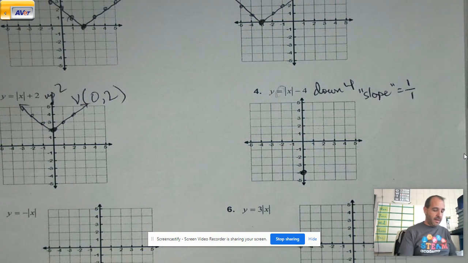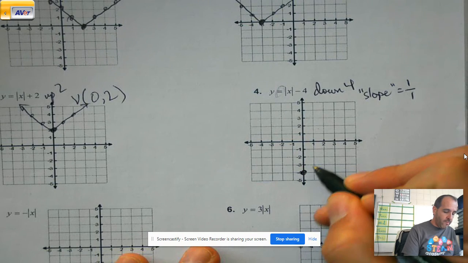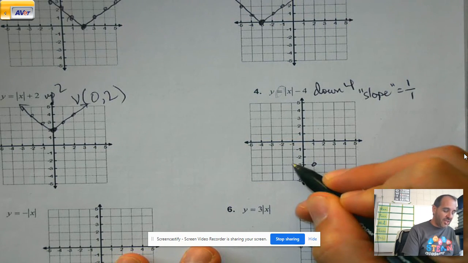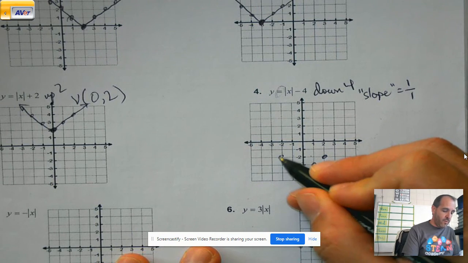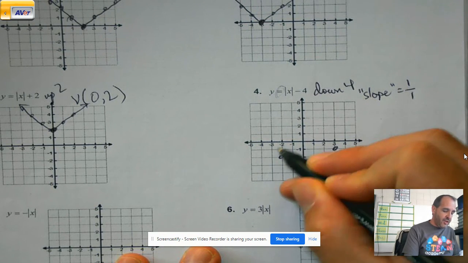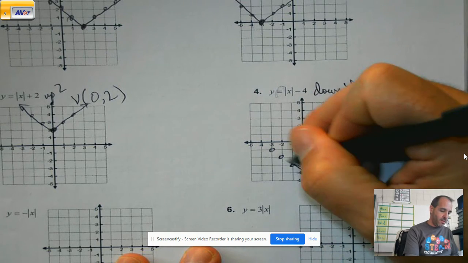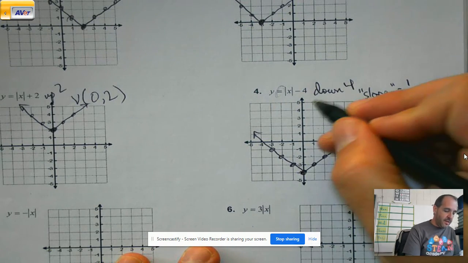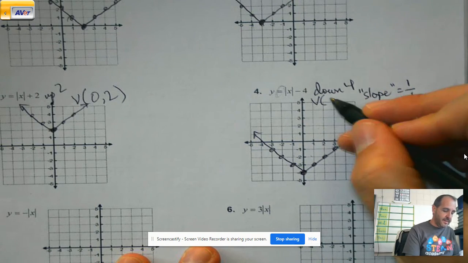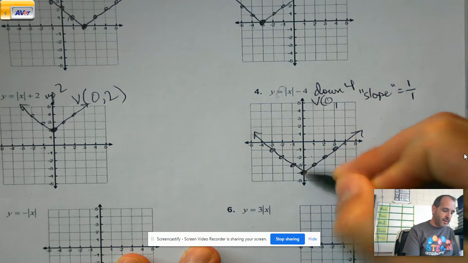So what does that mean? It means I go up 1 over 1, but I do it in both directions with absolute value. Up 1 over 1, up 1 over 1. And I get my V shape. I connect the dots, and it looks like my vertex is at 0, -4.